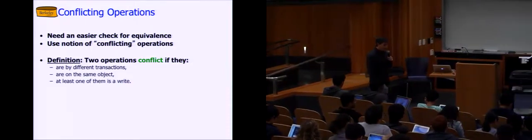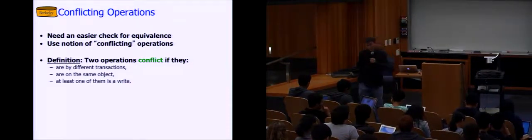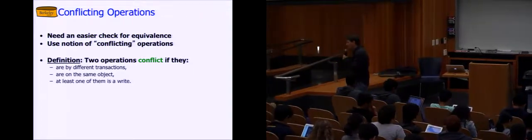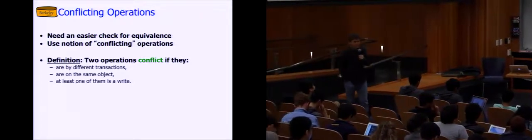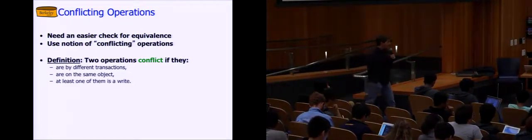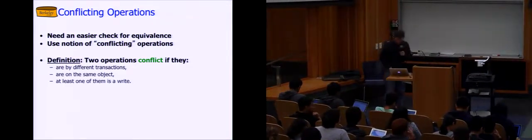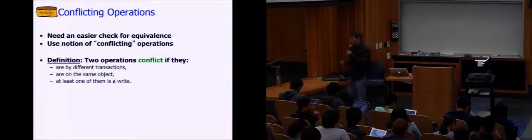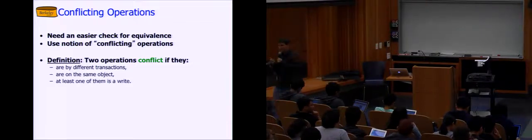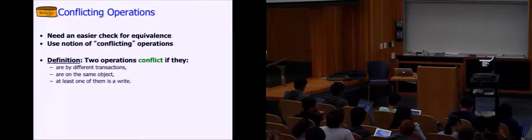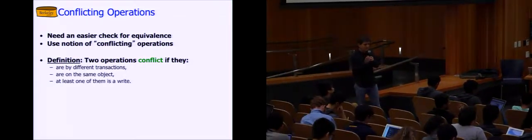So two reads don't conflict with each other by this definition, which sort of makes sense, right? A read and a write conflict, and a write and a write conflict, if they're coming from two different transactions. We're going to assume, by the way, throughout this, that each individual transaction is running in serial. So there's no parallelism within a transaction, no intra-transaction parallelism, okay?